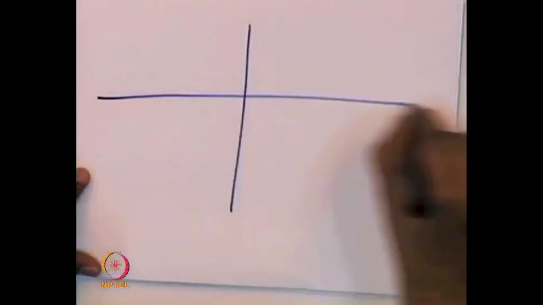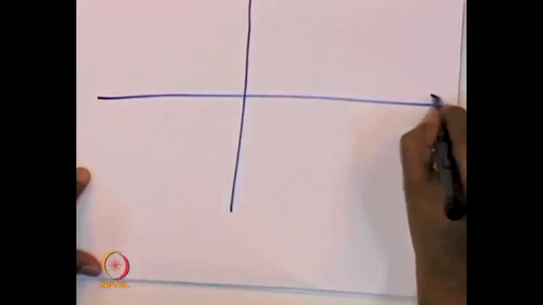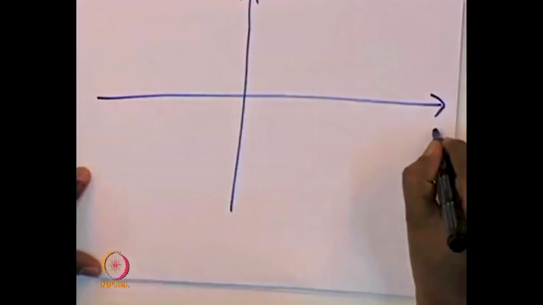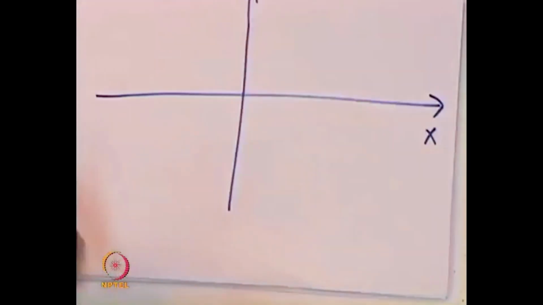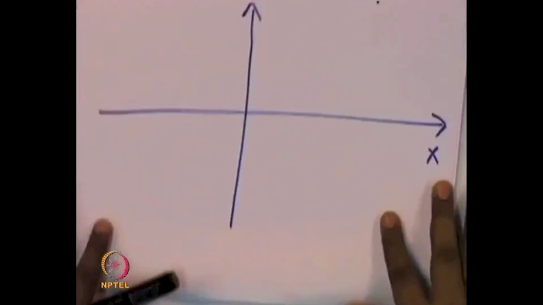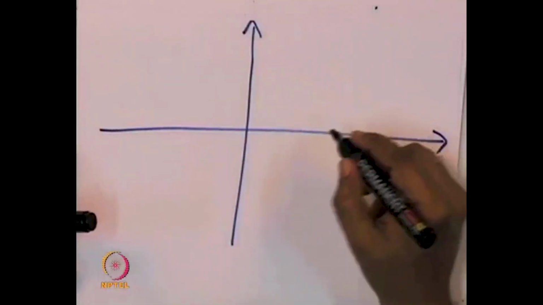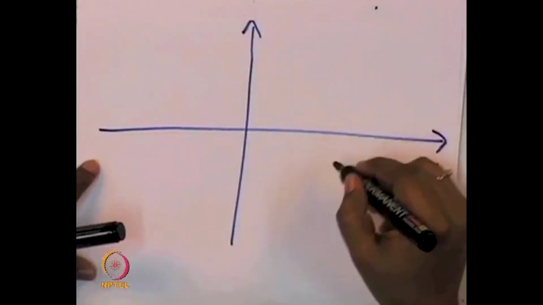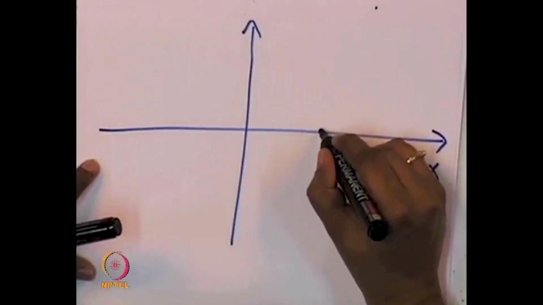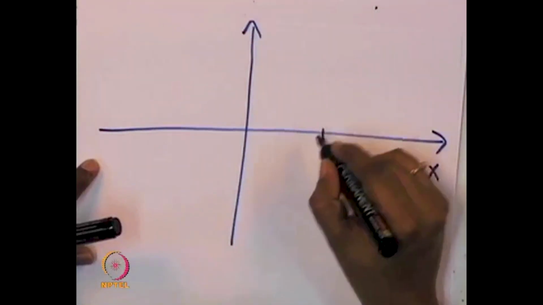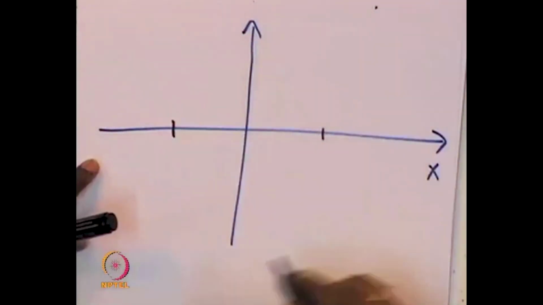So, what do we know? Let us again draw the axis. So, this is x and this is f of x. We know a few things. We know that the points where it is 0 are at plus or minus root 3, somewhere here and somewhere here.